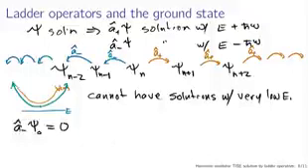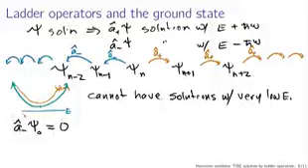This is a necessary condition for getting a normalizable wave function. If we did not have this condition, we'd be able to keep applying the lowering operator, and we would sooner or later get solutions that were not allowed. That's a problem. So let's figure out what this actually implies. We know what the lowering operator is. We know what 0 is.